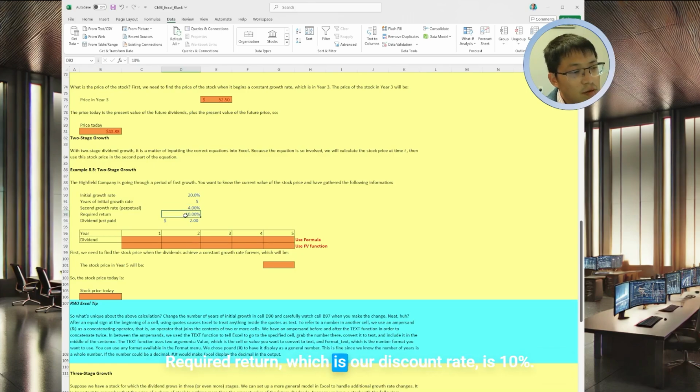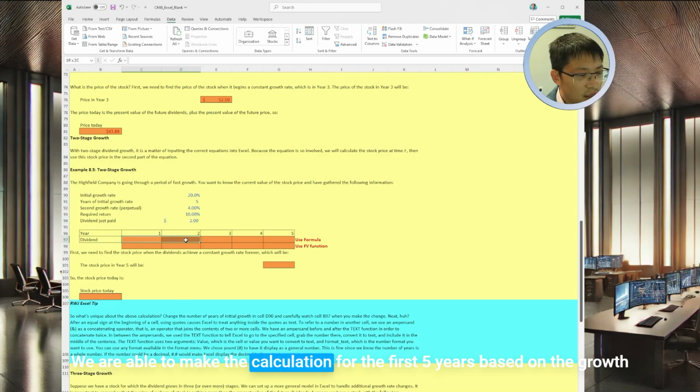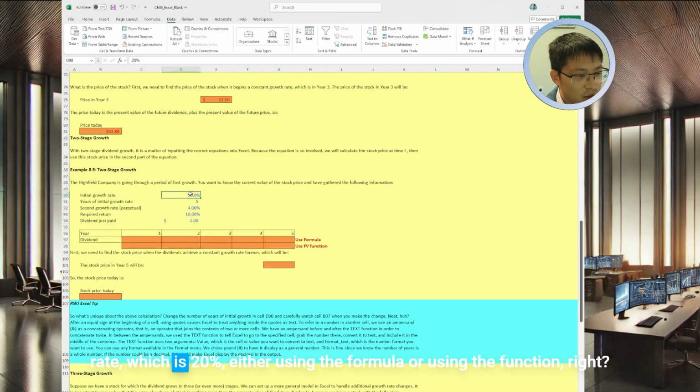The required rate of return, which is our discount rate, is 10%. The dividend is $2. We are able to make the calculation for the first 5 years based on the 20%, either using a formula or using the function.